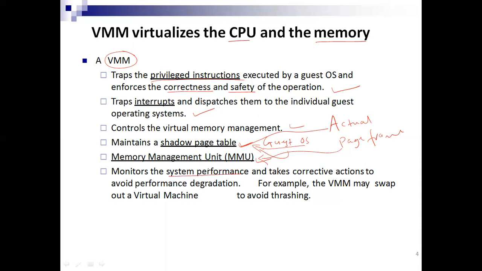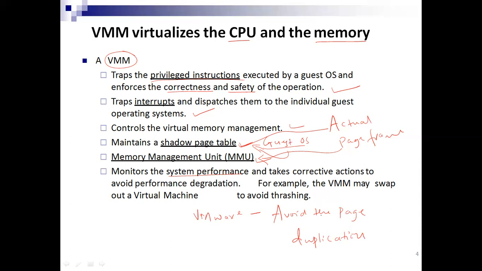So VMM uses a range of optimization techniques. For example, VMware, it is a system which avoids page duplication. We need to avoid this page duplication. Why? Because we need to save the memory, isn't it? Page duplication among different virtual machines.